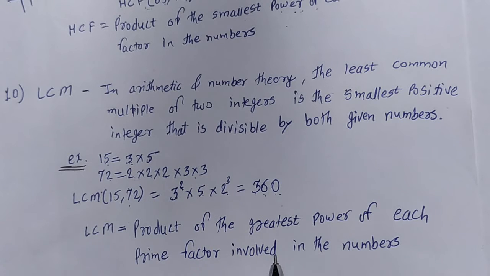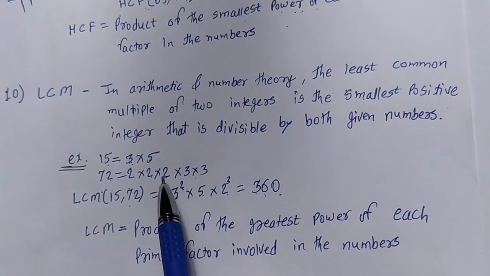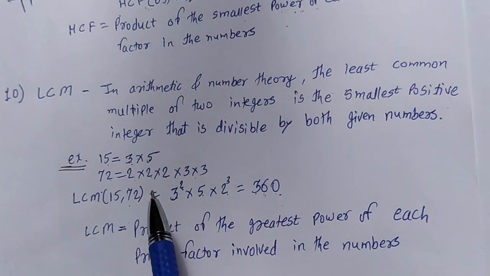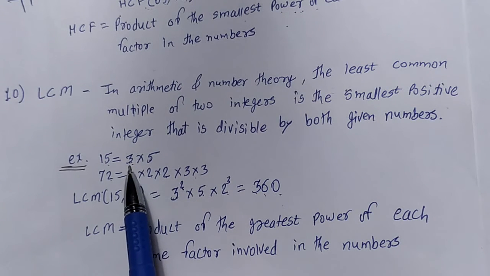What we need to do is take the greatest power of each prime factor involved in the numbers. You have to consider each and every number. In HCF we considered only the common factor, but while calculating LCM, you have to consider each and every number. The first prime factor here is 3.